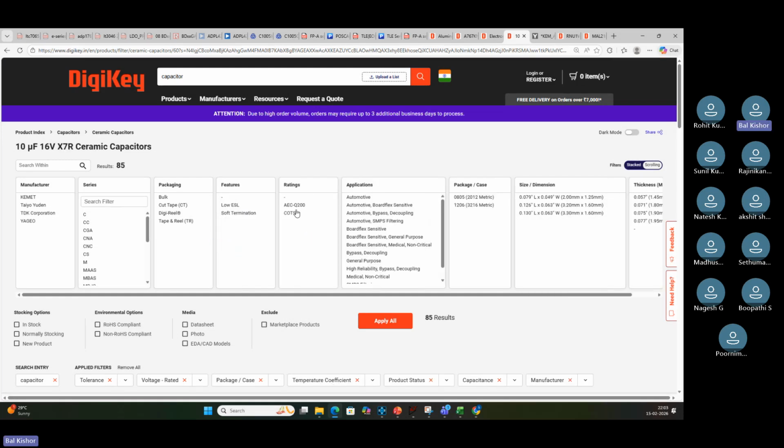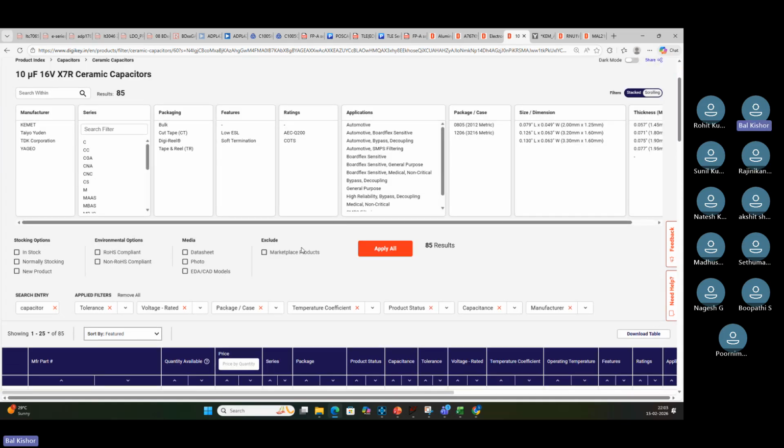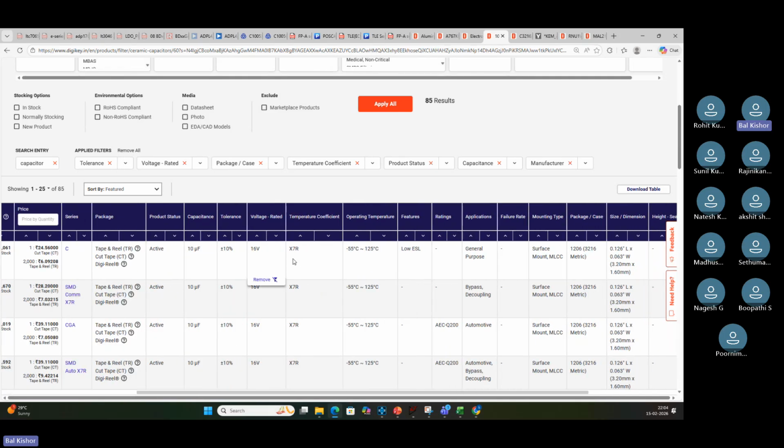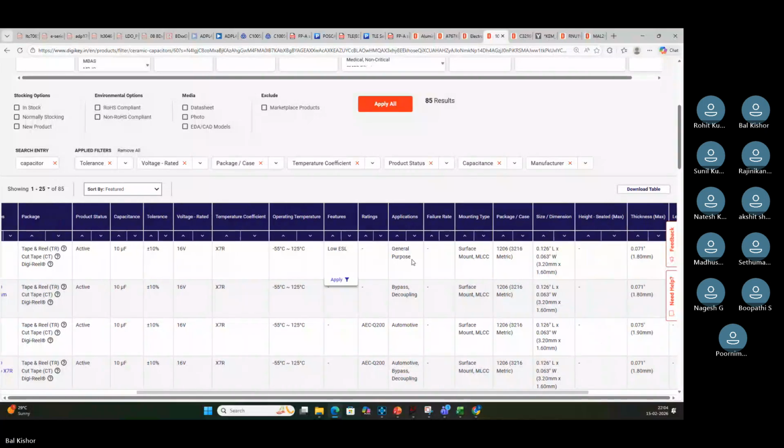Otherwise, if you want, you can go ahead with AEC-Q200. And nobody is stopping you from choosing an automotive component for use in an industrial grade application. Okay. So in industrial applications also you can utilize automotive grade components. So you can see we have TDK here, and this is 16 volt X7R 10%.